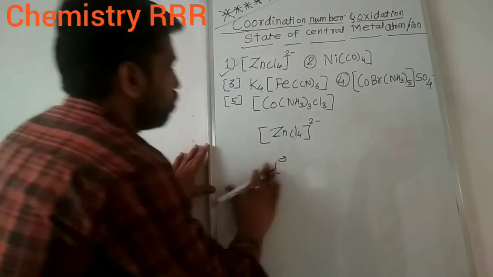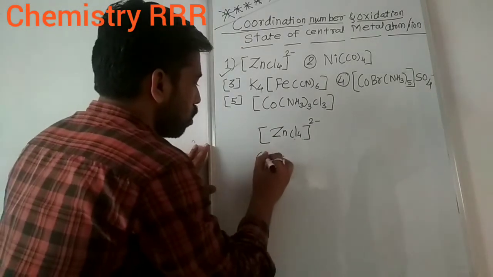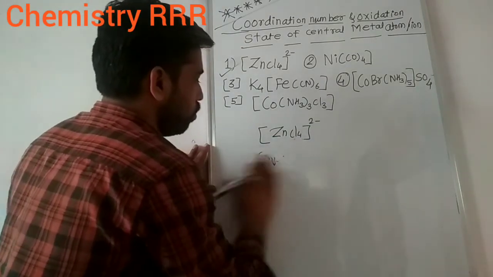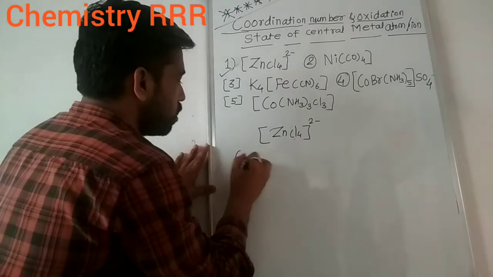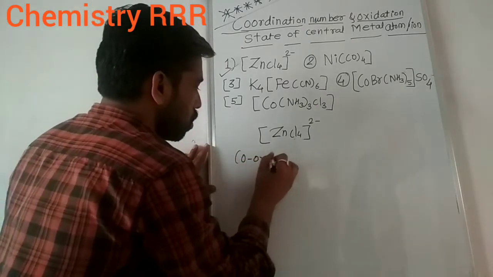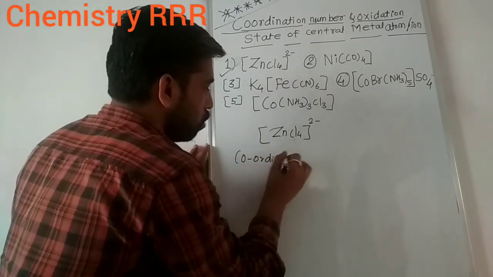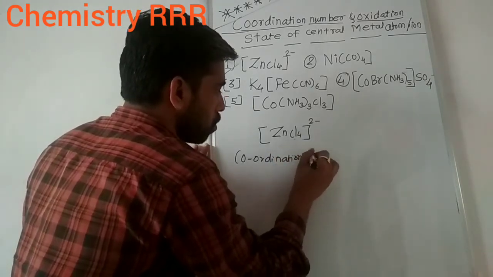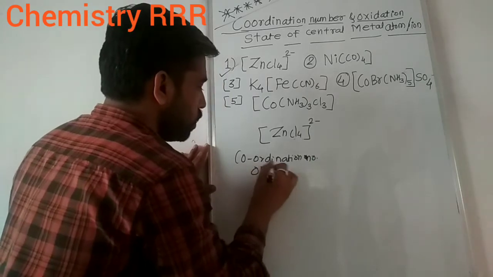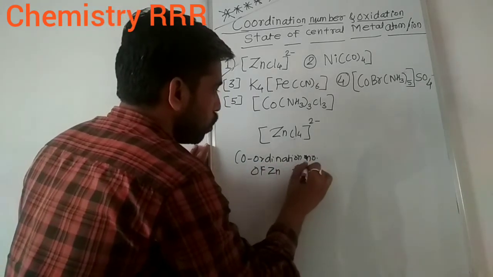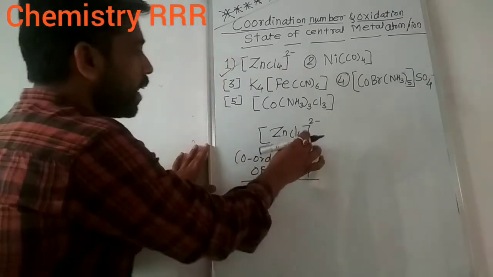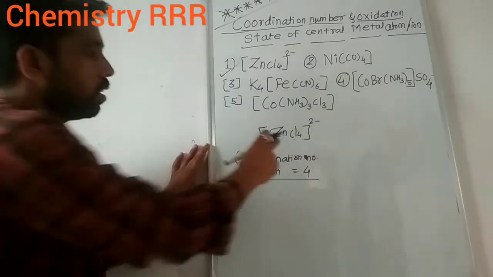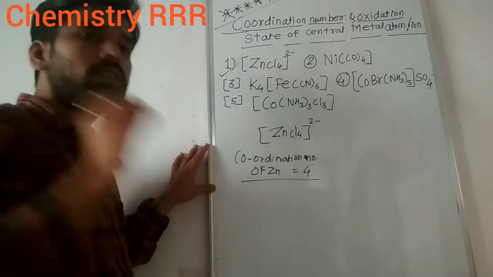So the coordination number of zinc is equal to 4. So coordination number is 4.